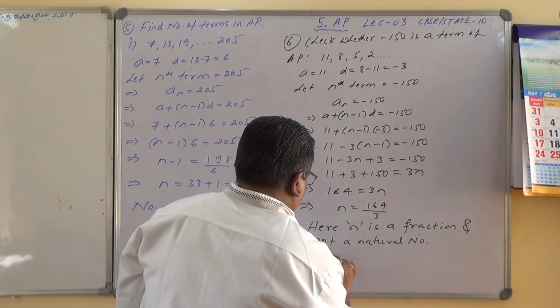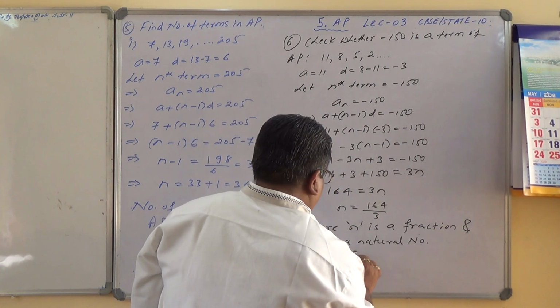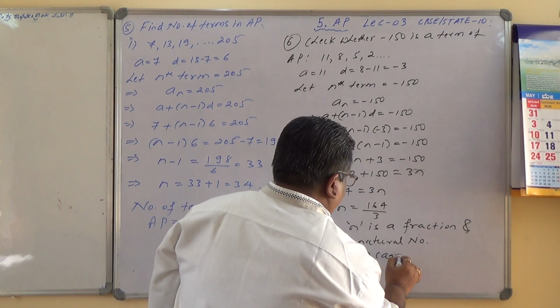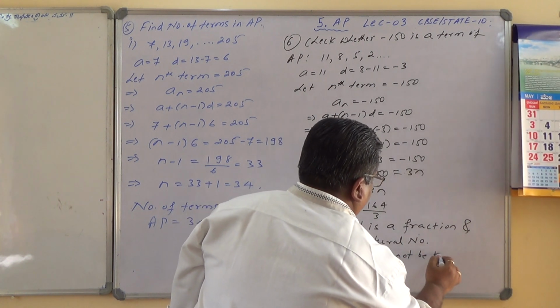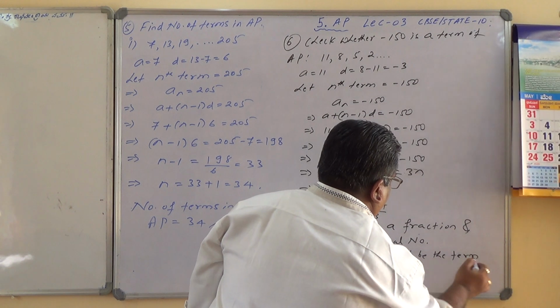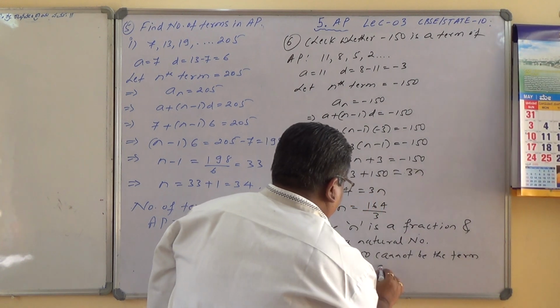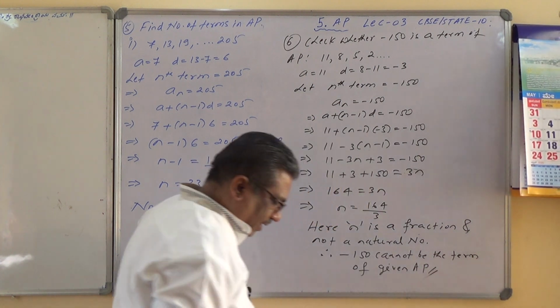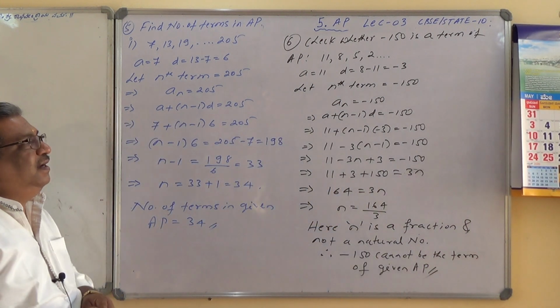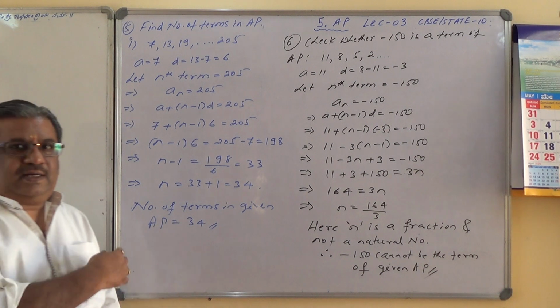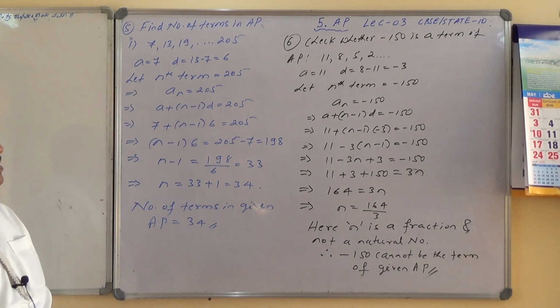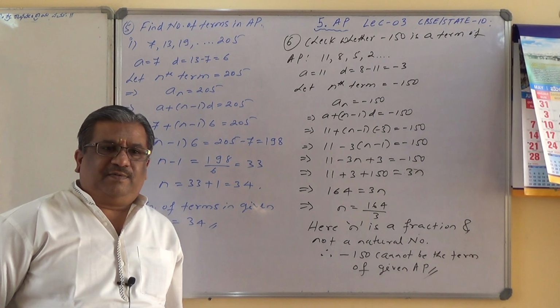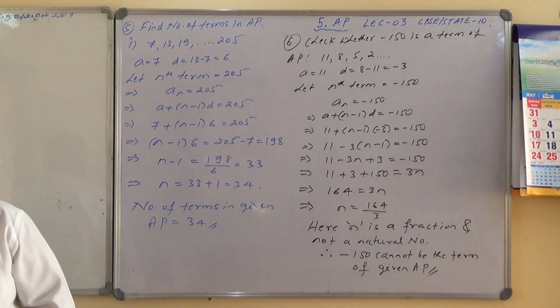Therefore minus 150 cannot be a term of the given AP. So interesting. I hope you are able to understand. Next question. Is it correct now? Let us check. Sixth one. We are getting 164 by 3. Okay. Next one. Seventh one.